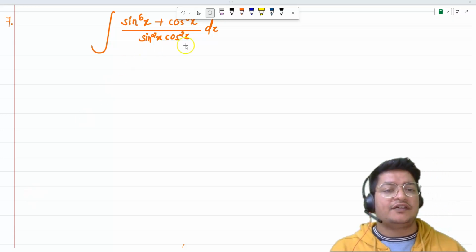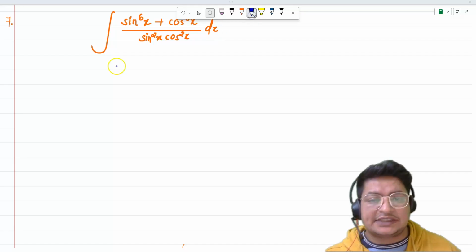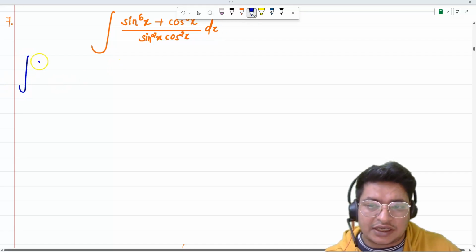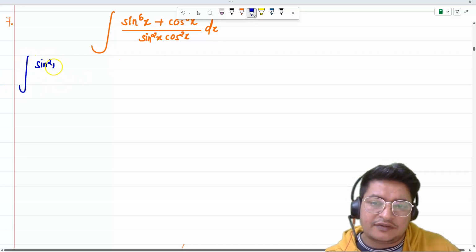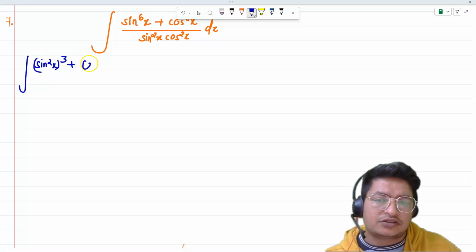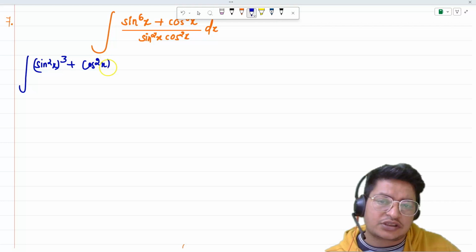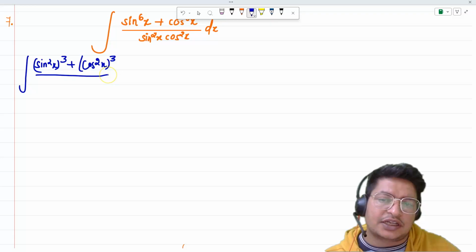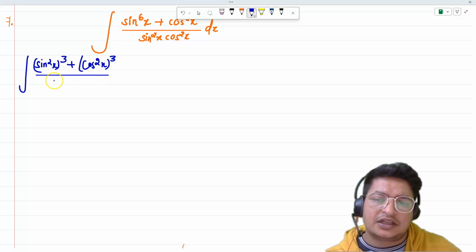So here we will write sin^6 x as (sin^2 x)^3, and cos^6 x will be written as (cos^2 x)^3.